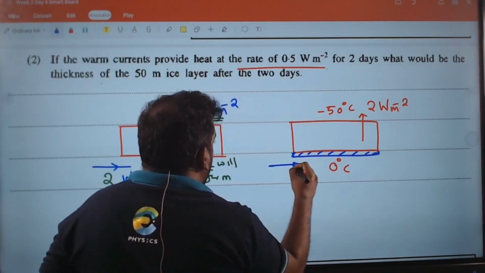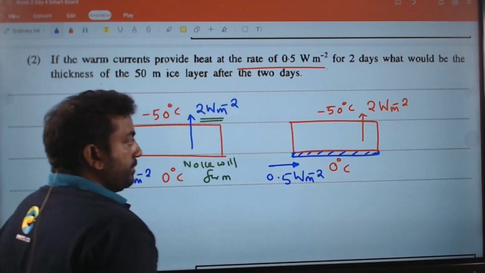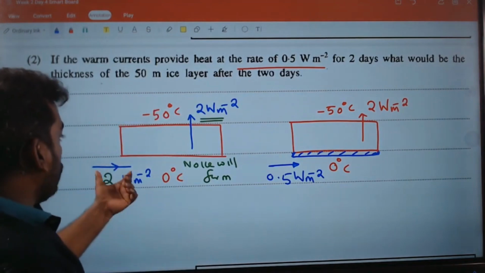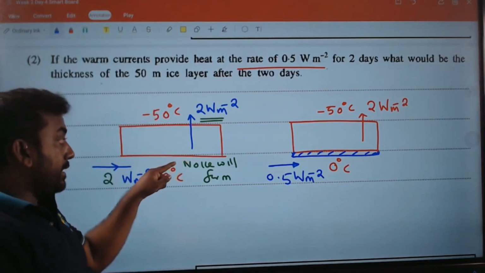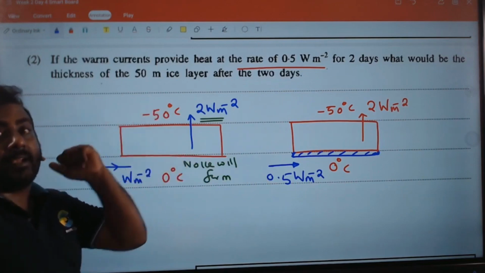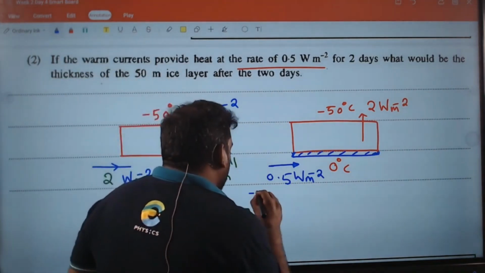But I am sending only 0.5 watt per meter square. So if 2 watt came, it will completely melt. If 0.5 came, it can't completely melt.